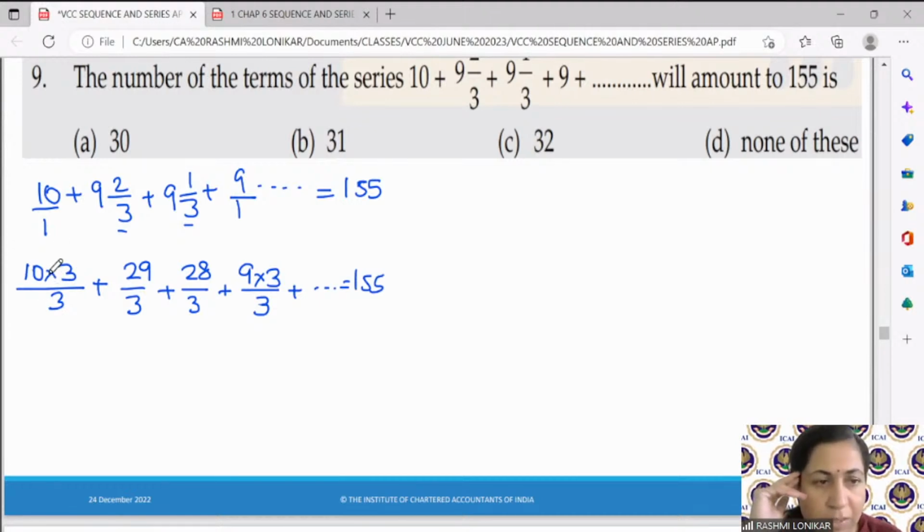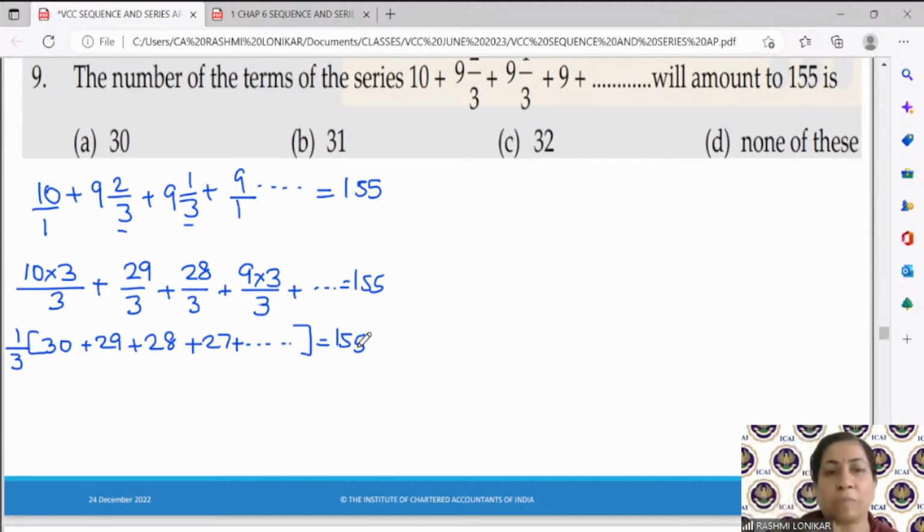Now what happens? 3 into 10 is 30. Now I can see all 3's are there, so I take out common 1 by 3. 30 plus 29 plus 28 plus 27 plus so on, is equal to 155.